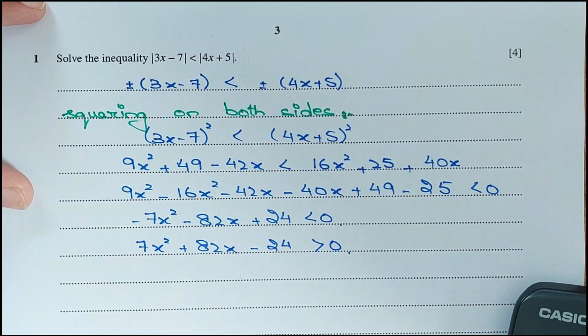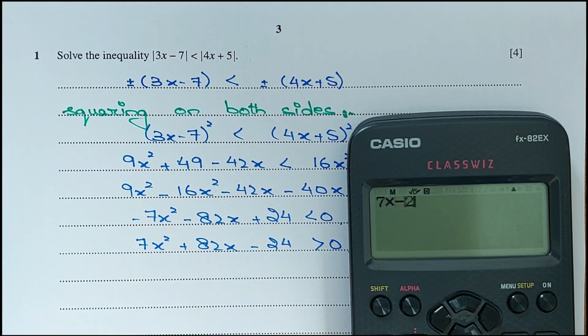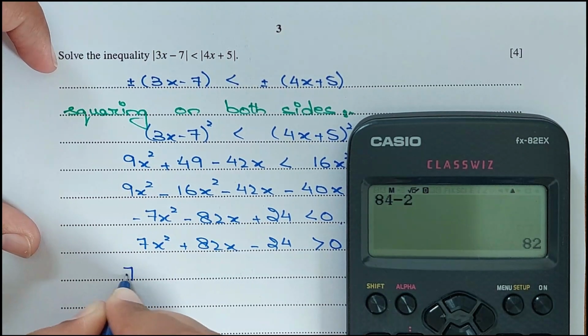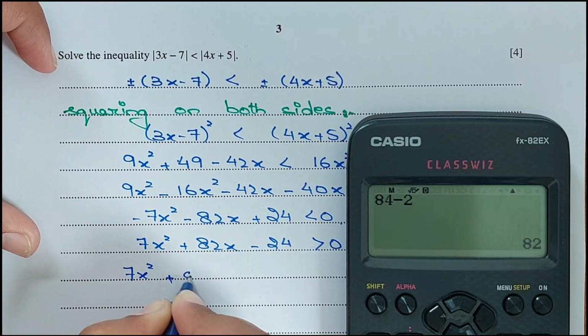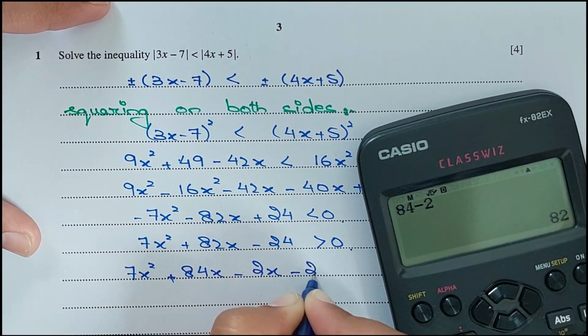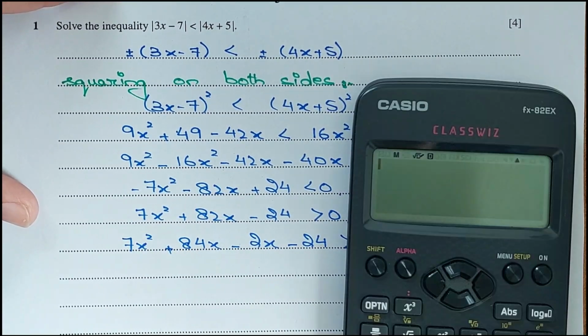Now let me factorize this. 7 times negative 24 is minus 168. 2 times 84 is 168, and 84 minus 2 is 82. So 7x² + 84x - 2x - 24 > 0.